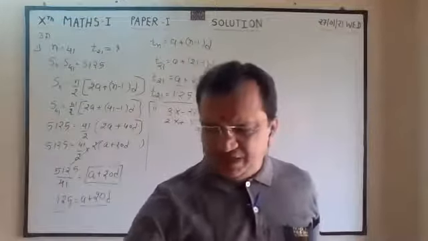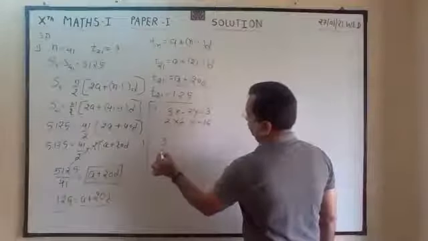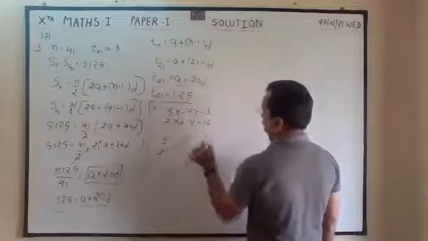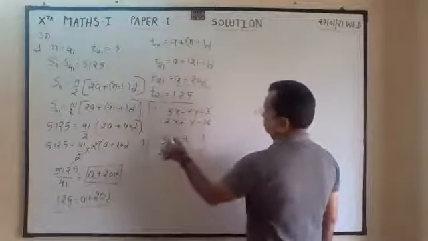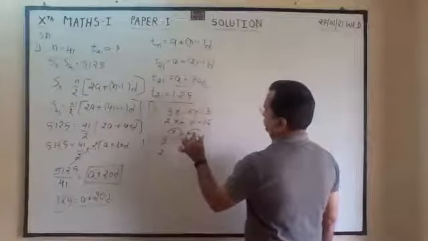Directly they have asked to fill D, Dx, Dy. So our coefficients are 3, 2, 2, minus 2, plus 1, 3 and 16. So this is D, this is Dx.